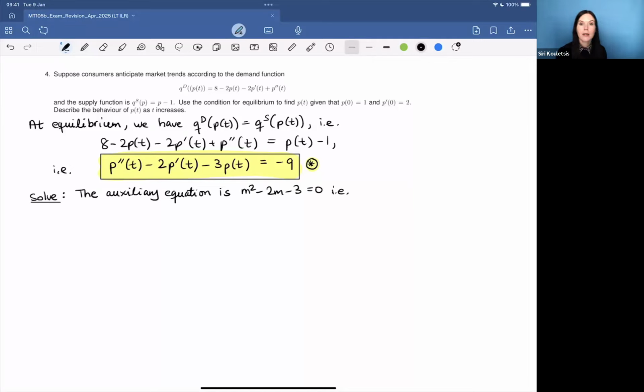And this here factorizes nicely, but if you can't spot it, then just use the formula for the solutions of a quadratic equation. We see here that the roots are 3 and minus 1 respectively.